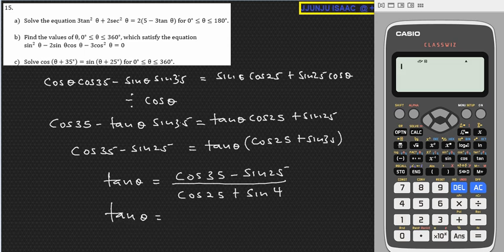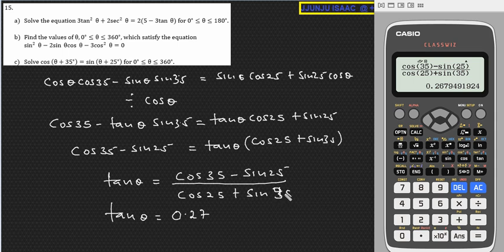So from our calculator here, we're going to have cos 35 minus sine 25, divided by cos 25 plus sine 35, which gives us 0.27.